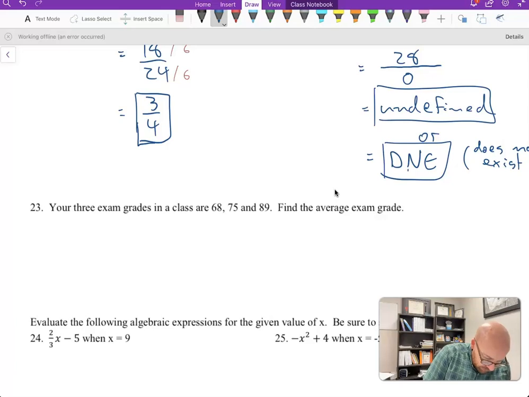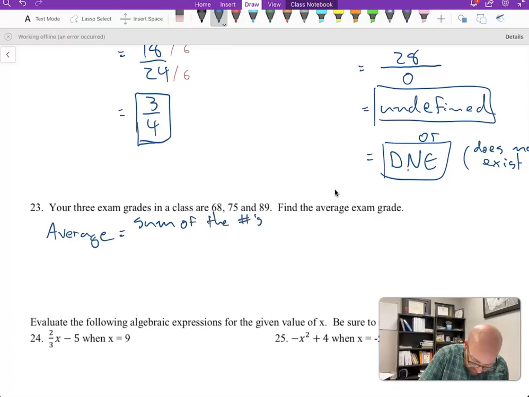So, to find the average of a set of numbers, you take the sum of the numbers and you divide it by the total number of numbers.